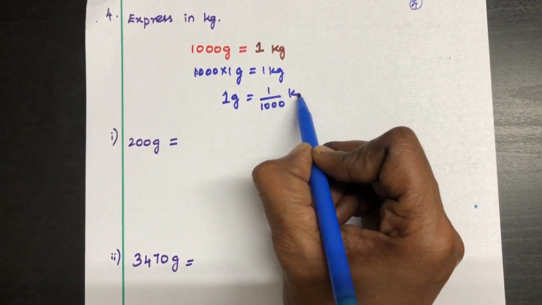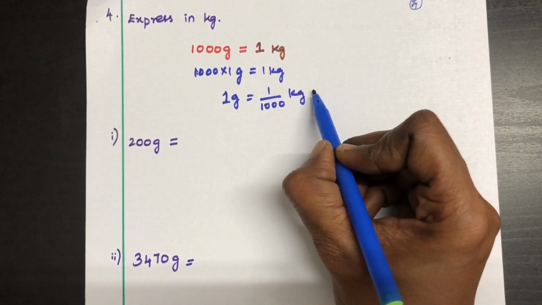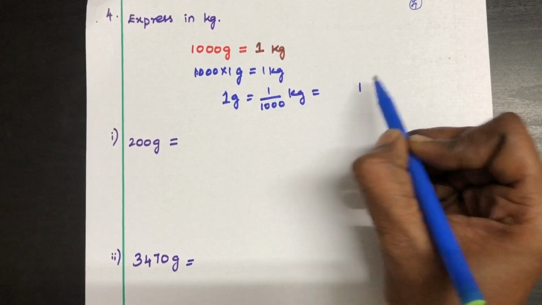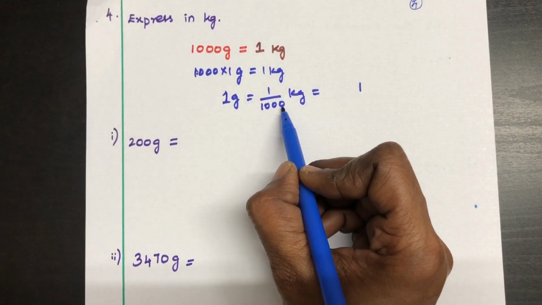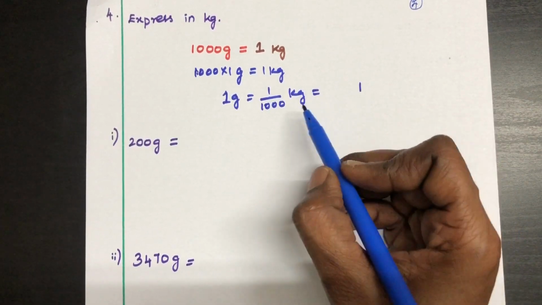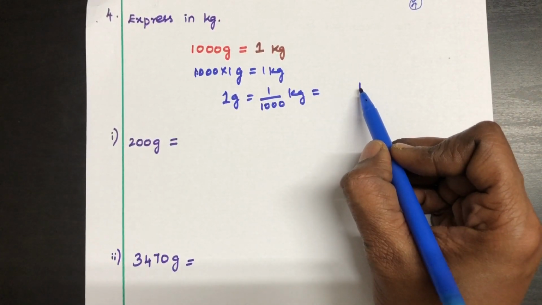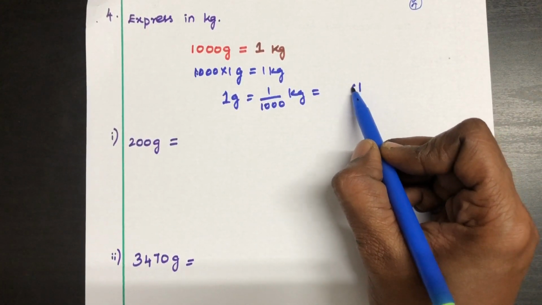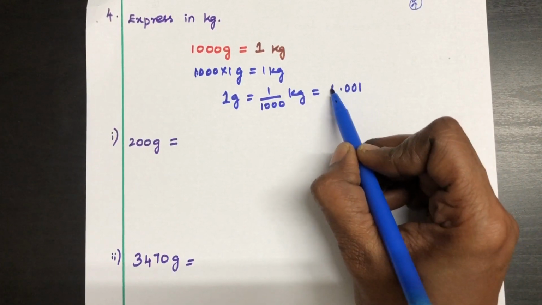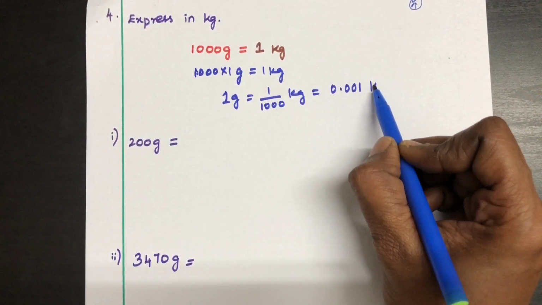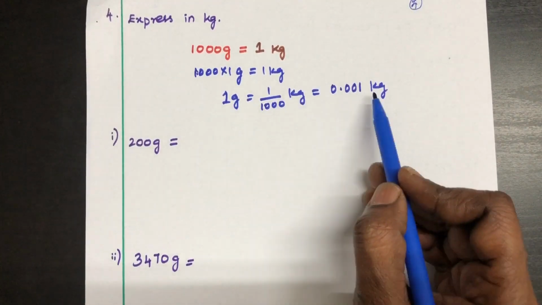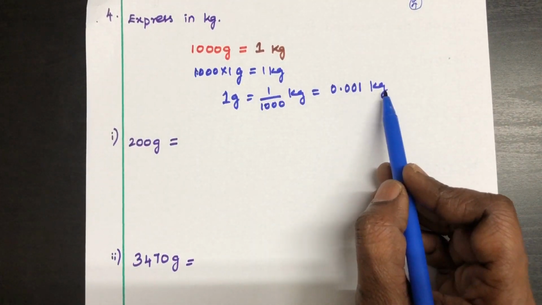Need to count the zeros in the denominator. As many digits we need to leave in the right hand side. 1, 2, 3. So, 1 gram is equal to 0.001 kg.